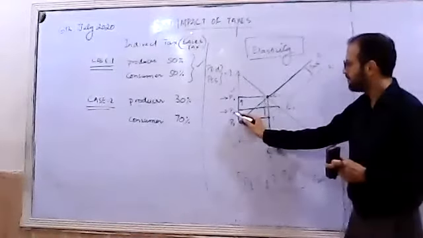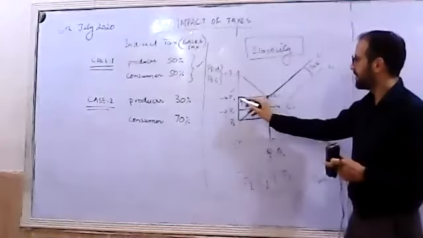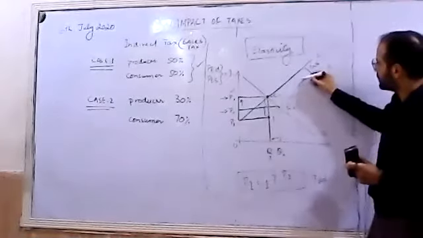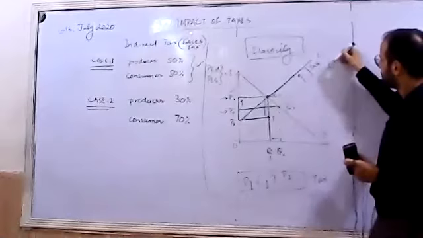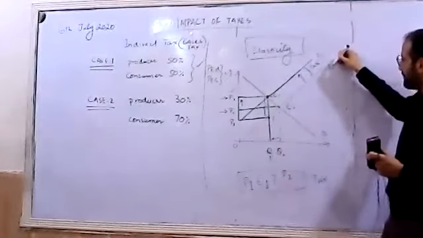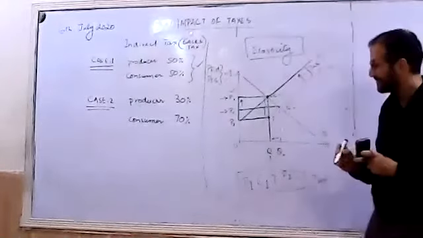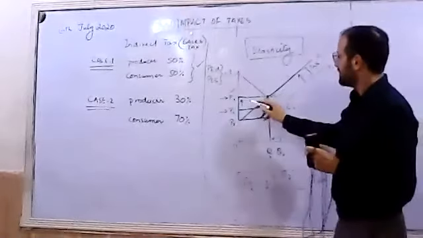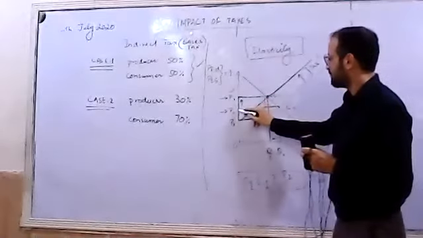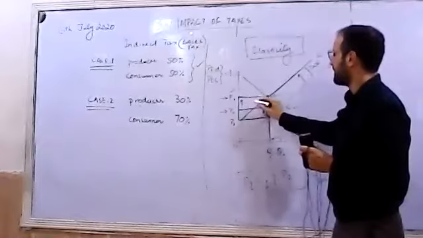So above P naught, the consumer is paying P1 when the tax is imposed, and it's shifting the supply curve from S0 to S1. Now this is going to increase the price. So from P0 to P1 is the area.